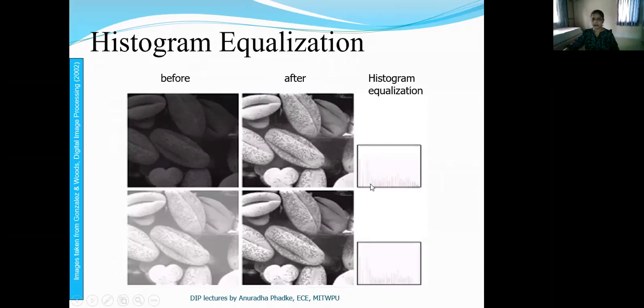If you look at the histogram of this equalized image, it is spread over the entire available range. The same is true for the second case. This is a bright image. After histogram equalization, the histogram is distributed over the entire available range, and we are getting an image with very good contrast. Okay.